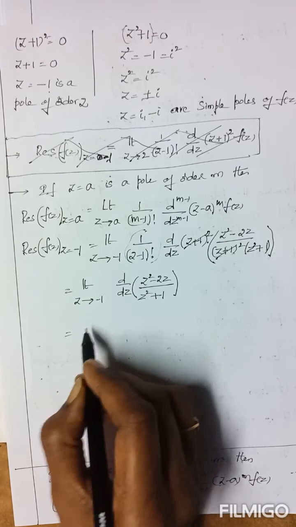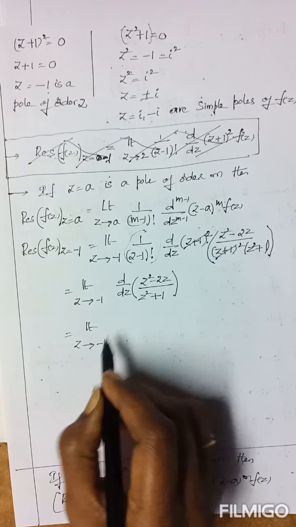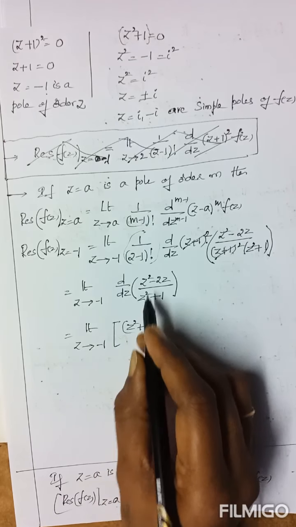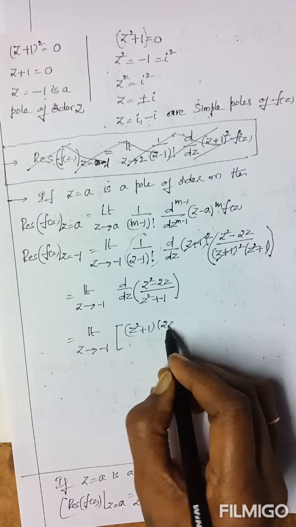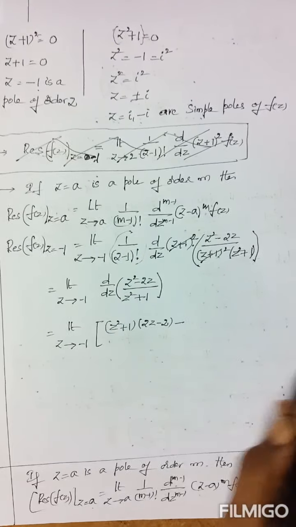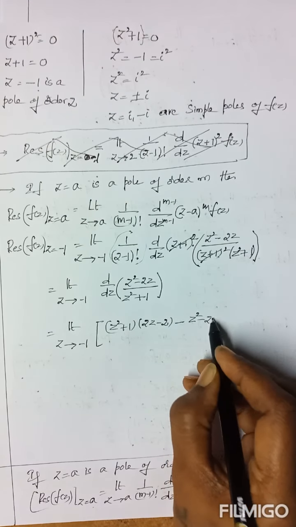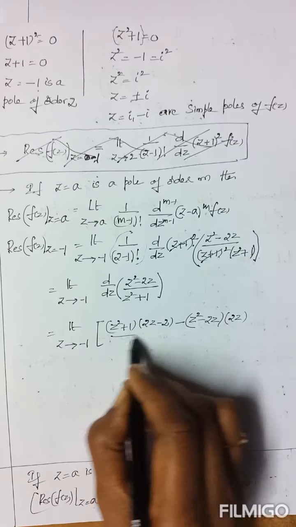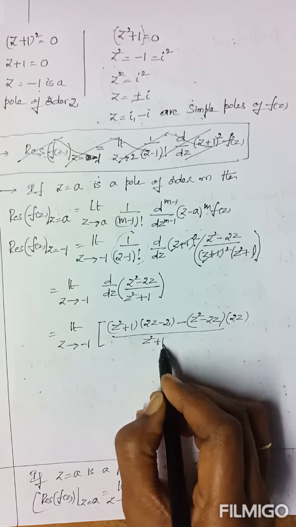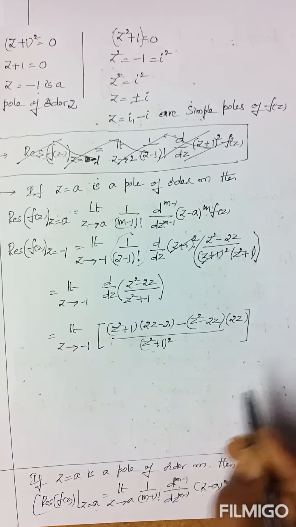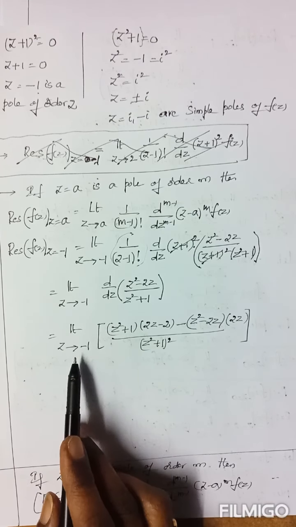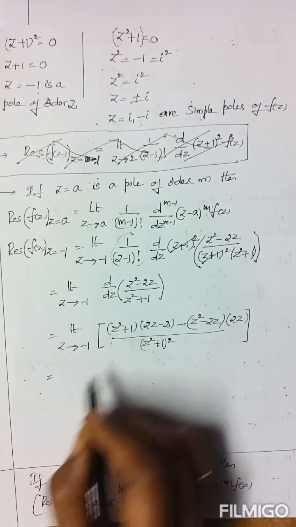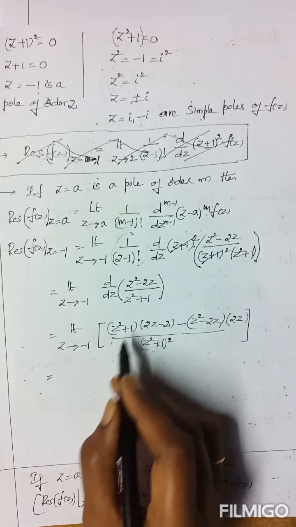This is u by v form, so as per the u by v formula: v into d by dz of u, so (z square plus 1)(2z minus 2), minus (z square minus 2z) times the differentiation of v, which is 2z, all by (z square plus 1) whole square. After that, you can write z equal to minus 1. Minus 1 whole square is plus 1, 1 plus 1 is 2.